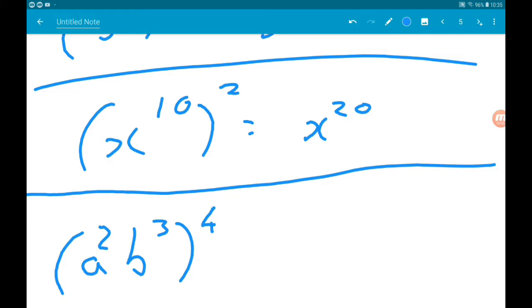All that happens is the 4 multiplies the power of each term, or not term, each base separately. So we're going to get a to the power 2 times 4, which is 8, times b to the power 3 times 4, which is 12.